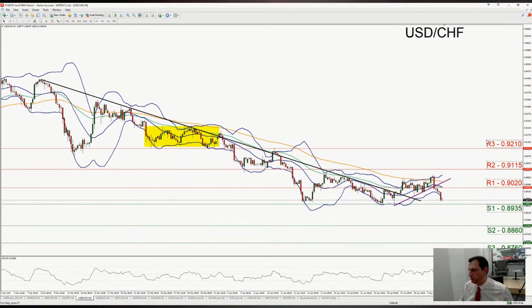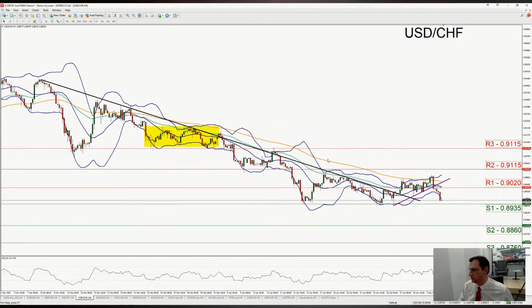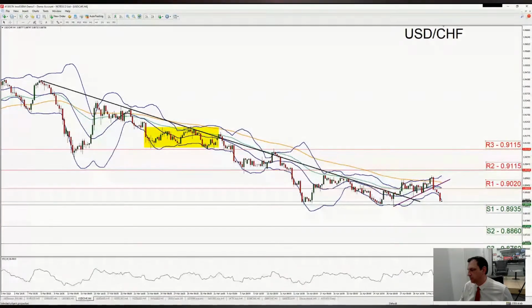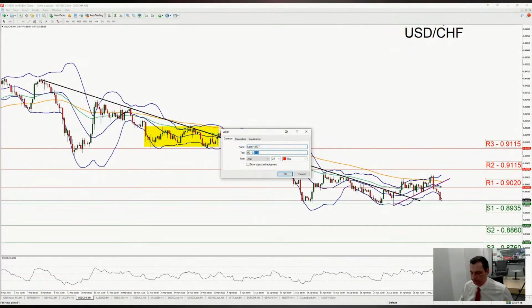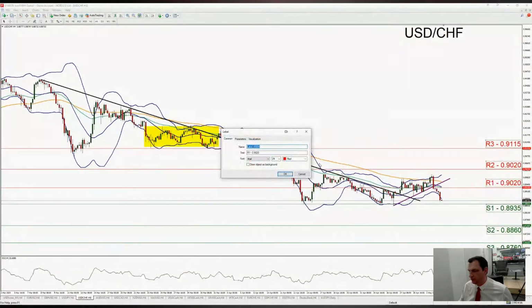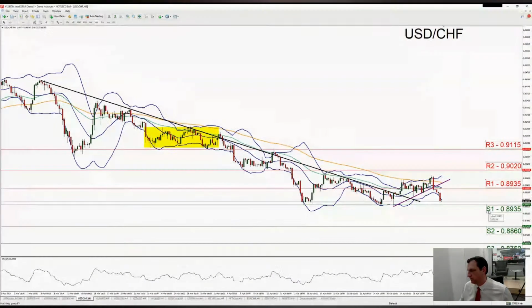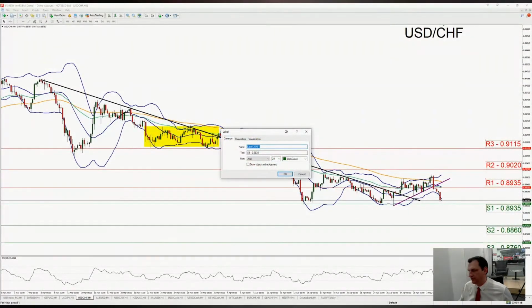Starting with the R3, which is now being placed at 0.9115. The R2 at 0.9020. The R1 at 0.8935. The S1 at 0.8860.